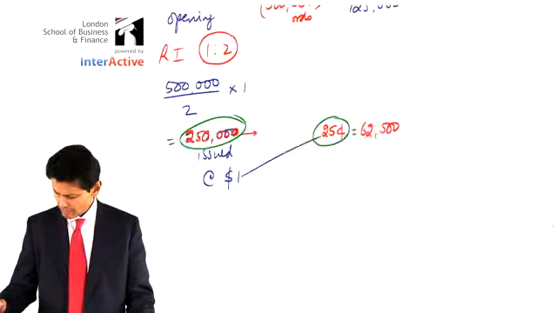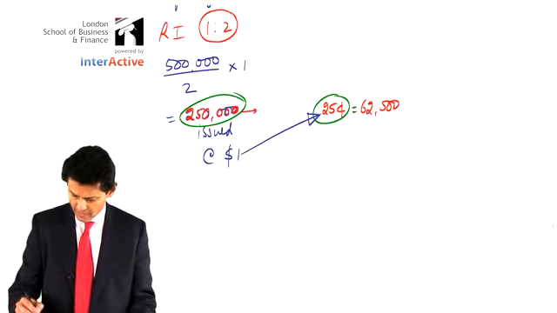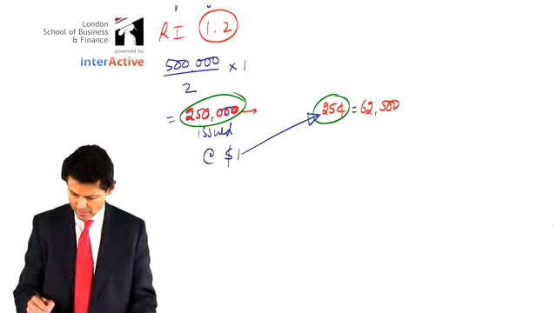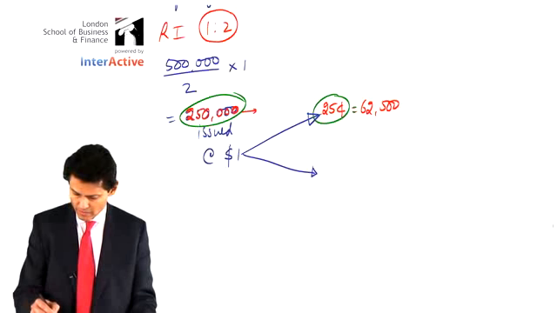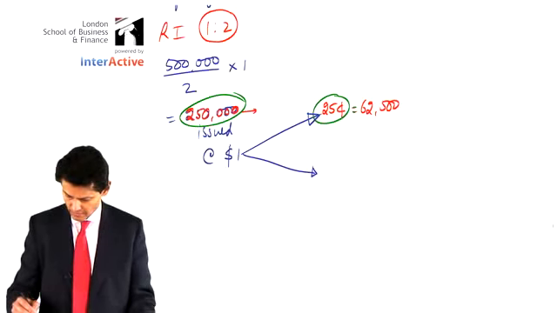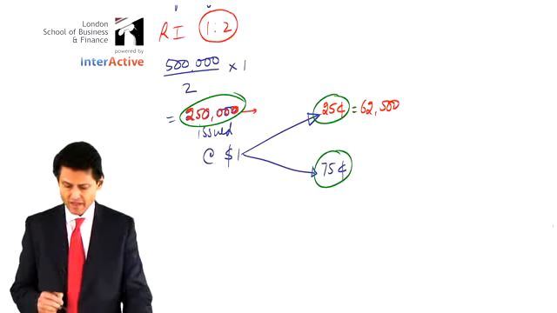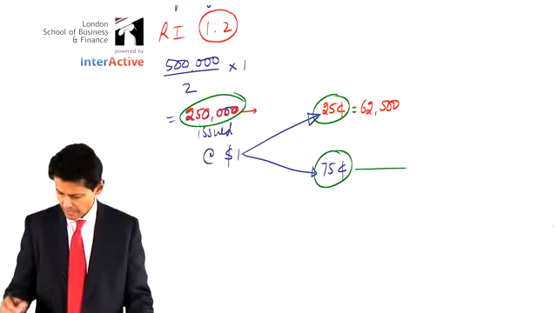And of course the other bit that is not allowed to be transferred here clearly must go to the share premium. So I'll just say this must be 75 cents, beg your pardon. 75 cents. And that 75 cents multiplied by 250 must go here.